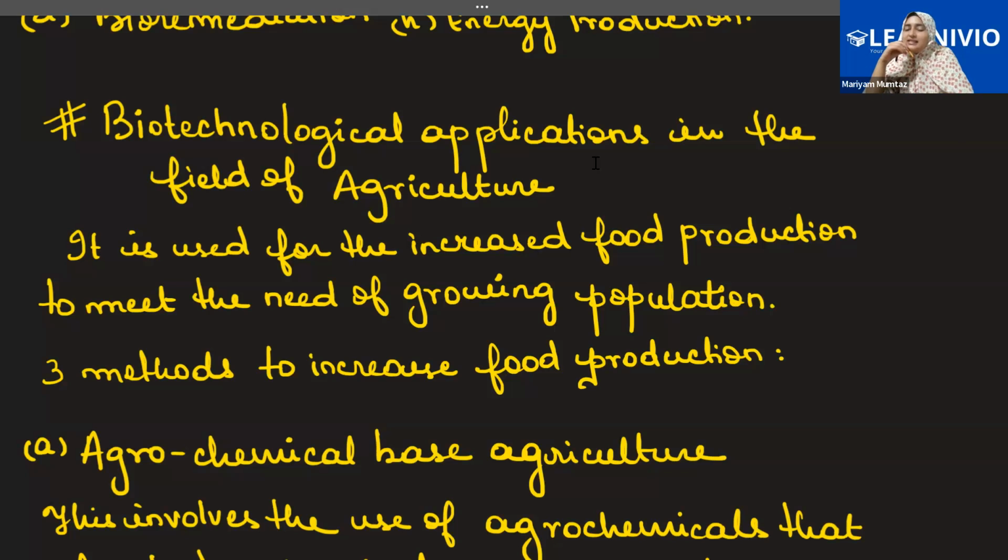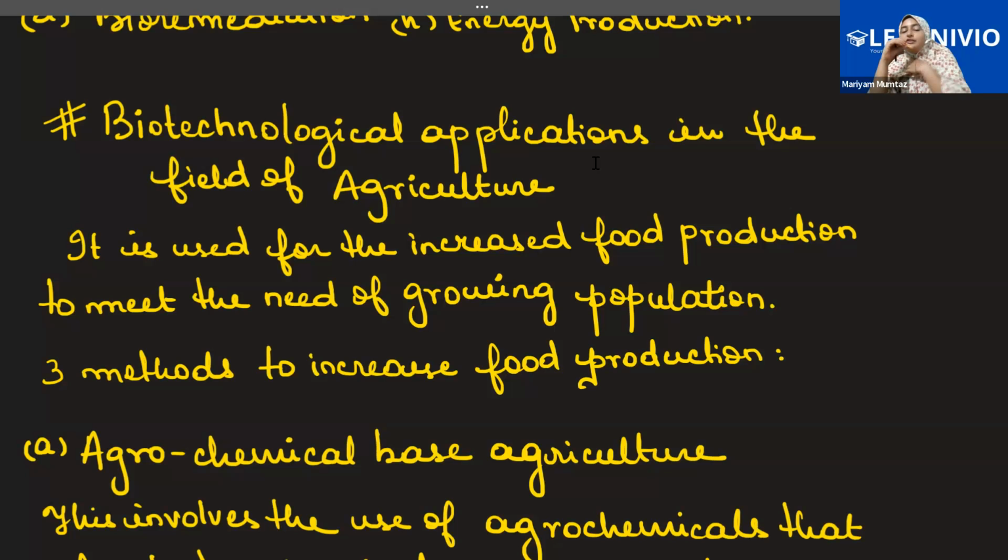Apart from soil, the biggest thing that they rely on, irrigation. For the huge tracts of land, they need irrigation, right? Water. Obviously, without water, how would the plant grow? So biotechnology has been applied to the field of agriculture so that the need of those conventional things is reduced.